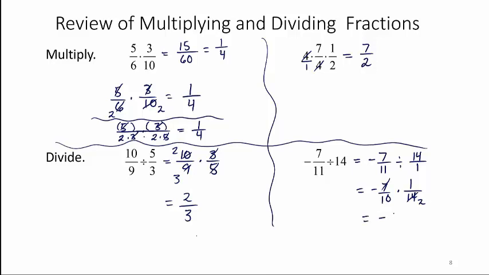And so we end up with -1 in the numerator, and in the denominator 11 times 2 is 22, so -1 over 22. Okay, here again, you can multiply that out and you'd have -7 over 154, and then you could reduce from there, and it certainly works, but I just want you to be thinking about those factors early on. What are the factors of 1 in there that we can get rid of?